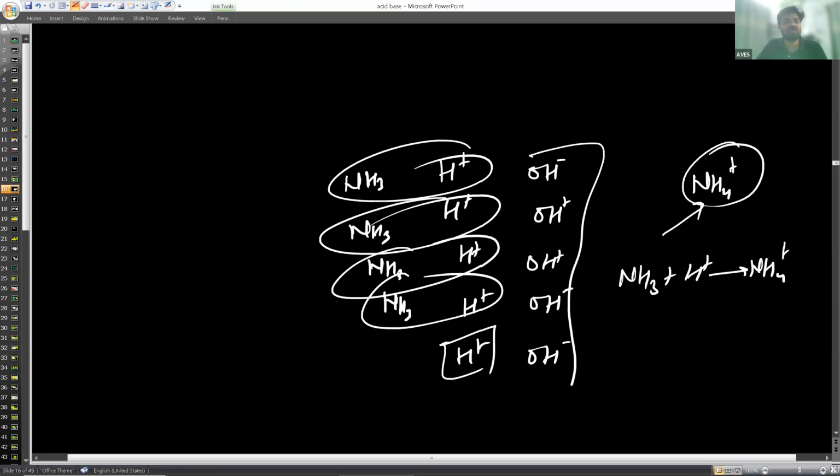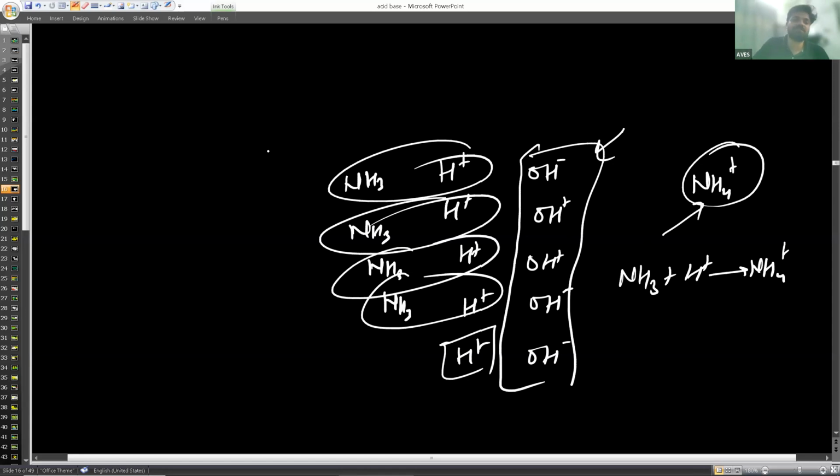Now the H plus ion attached with ammonia is not showing the acidic property. You understood? Only the acidic property is shown by the unreacted, unattached H plus ions. So we'll see that these are showing basic character. More OH negative ions and fewer H plus ions, so it will show the basic property.